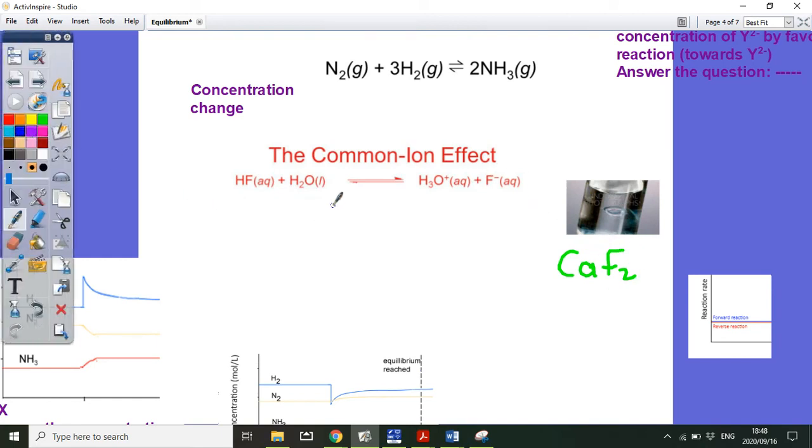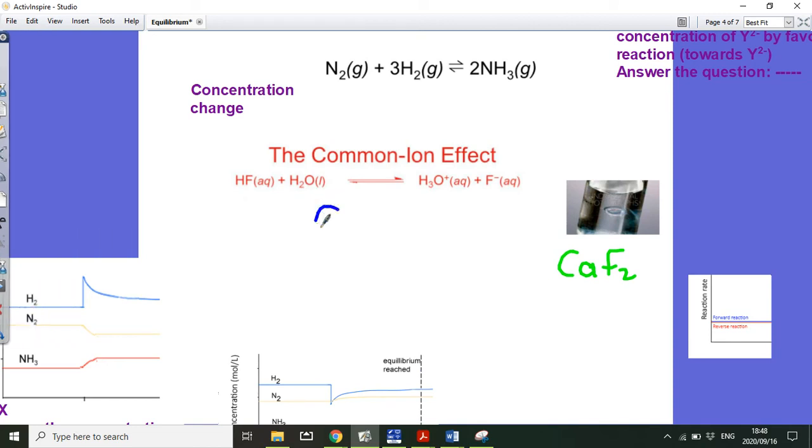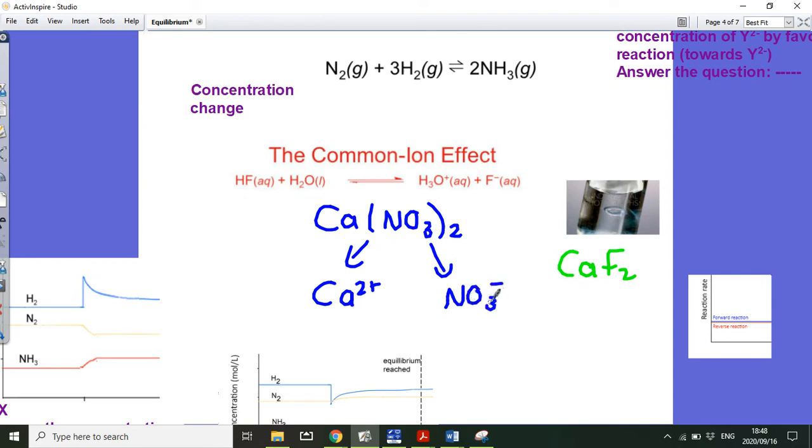So they're going to say, we're adding calcium nitrate, for instance. If I'm adding calcium nitrate, remember I'm actually adding Ca2+ ions and NO3 minus ions. Now look, the question must tell you calcium fluoride is an insoluble solid.